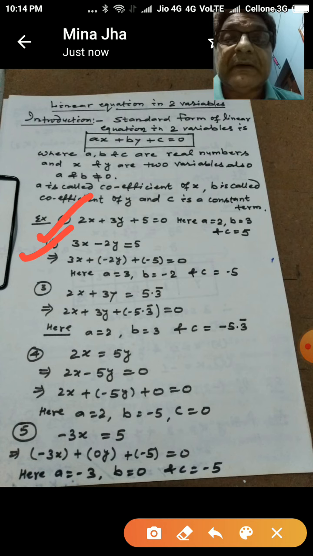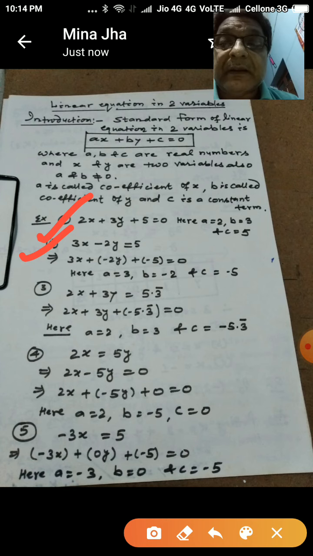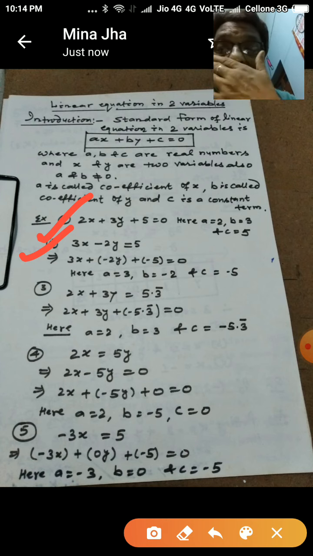So we will write it in standard form. Since in standard form there are plus signs everywhere, we will put plus and write the minus inside the bracket. So it is 3x plus under bracket minus 2y.